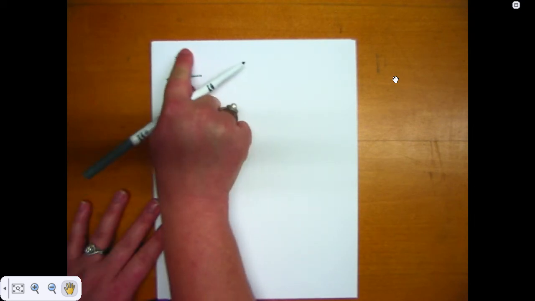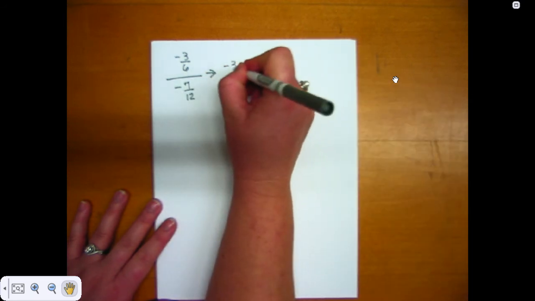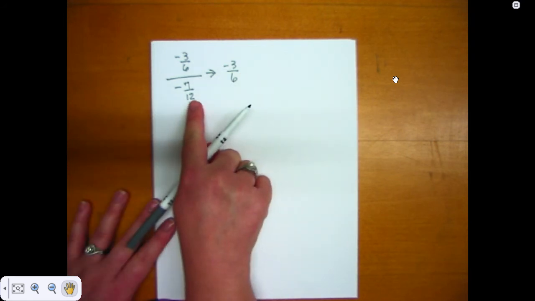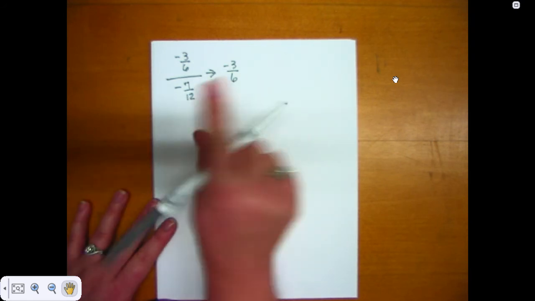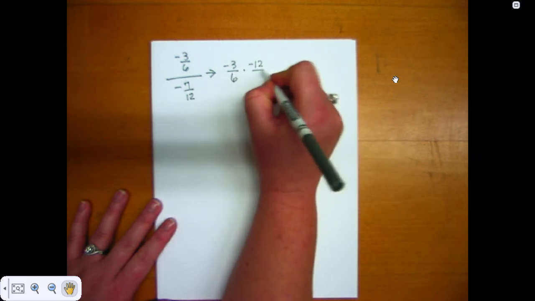So if you have two fractions and you want to divide, you flip the second one and multiply. I don't do anything to the first one, do I? No, I don't. So I'm just going to draw an arrow. It's negative 3/6. And it says flip the second one and multiply. This is negative 7/12. So if I flip that, it's going to be negative 12/7.